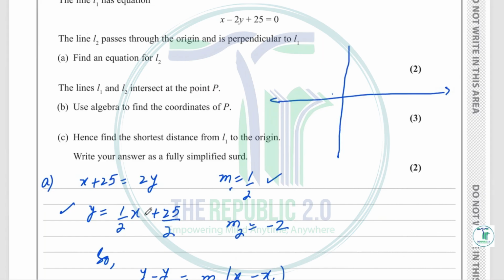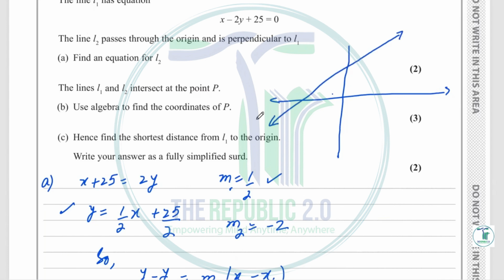So the x-intercept of this equation is going to be something like negative 25, and the y-intercept has to be 25 upon 2, that is 12.5. So this equation must be looking like this.